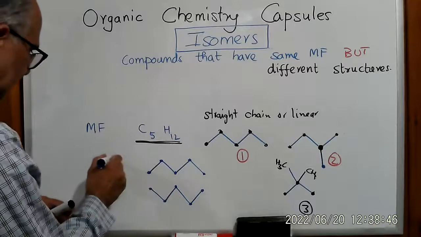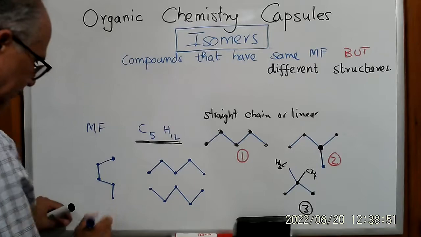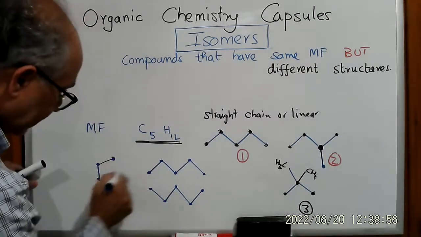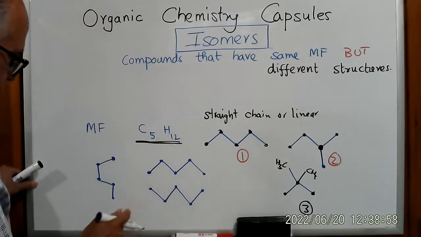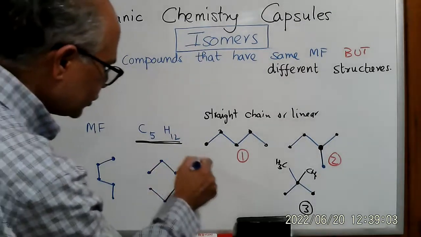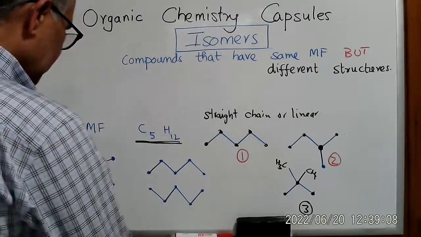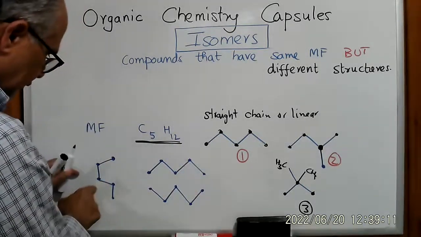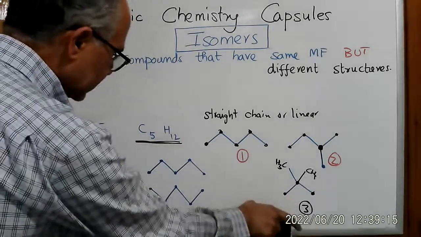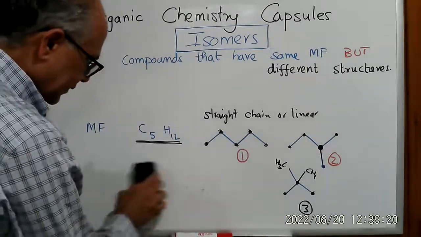No, it is the same thing. You can draw the chain in different ways, but as long as the 5 carbons are connected to each other, it doesn't matter how you draw them. So all these structures are the same compound, just shown differently. These are not unique structures.